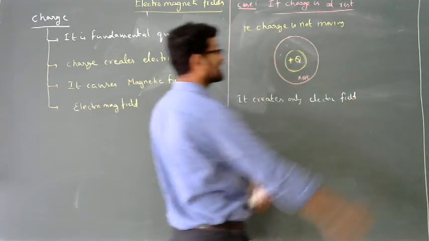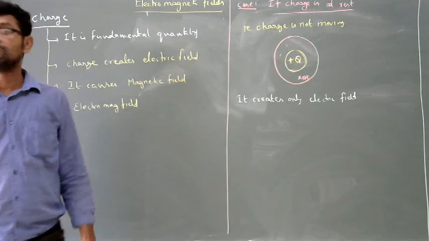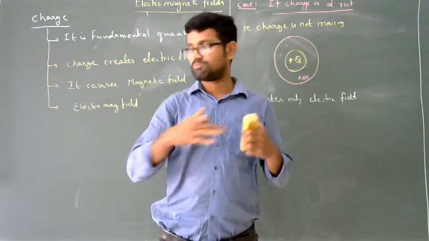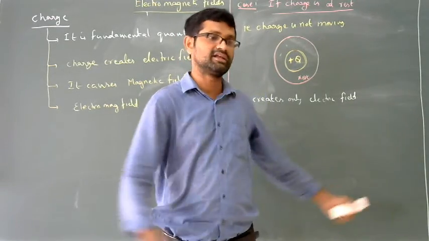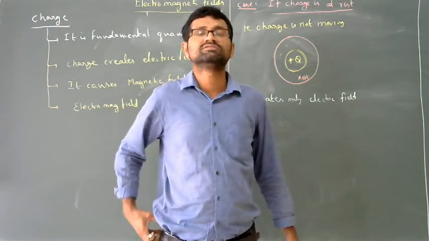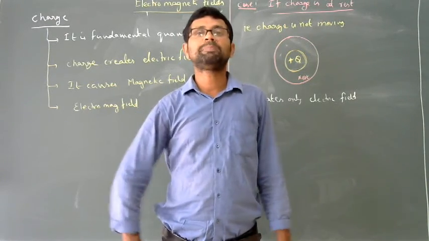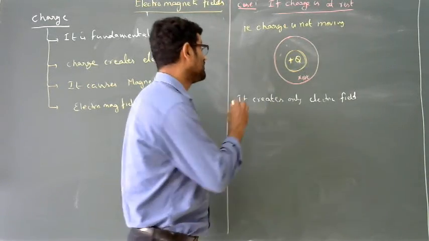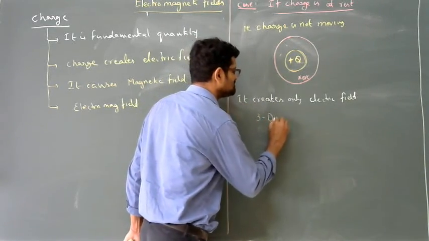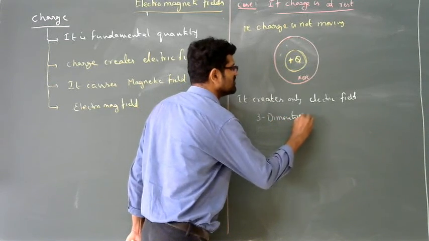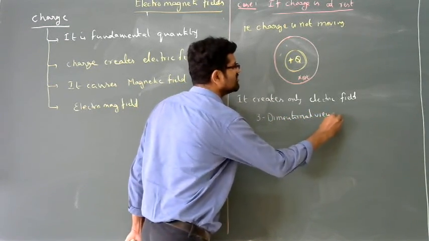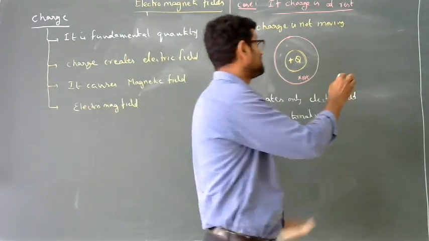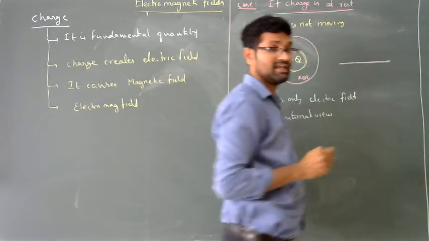You may have a doubt: in which direction is the electric field developing? If any body is charged, it is like when I have eaten food, I can do work in all directions. Similarly, a charged body will dissipate its charge in all directions. Mathematically, we represent this with a three-dimensional view. In one direction, it is defined with a line.